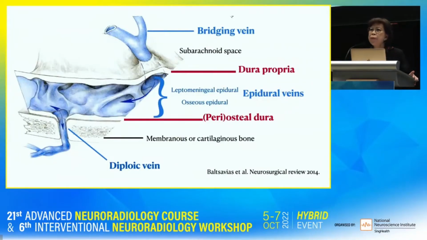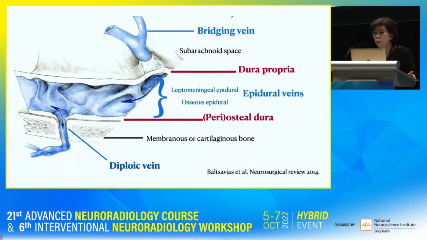And a little bit about the dura that you already know: we can separate it into two layers. This is something a little bit different from the skull outside. The dura that lies along the skull we call periosteal, or in some papers just periosteal dura. And then the dura on the intracranial surface, along the pia matter, we call the dura propria.